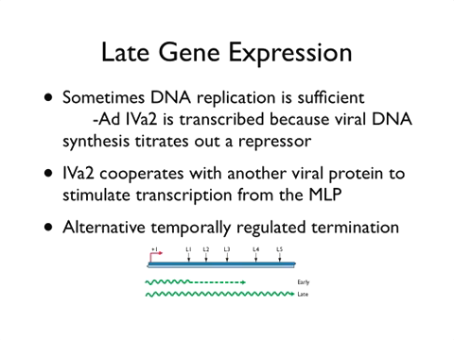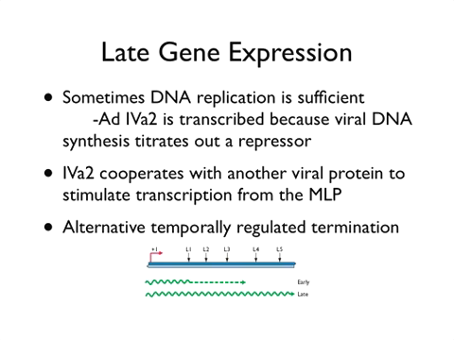All right, so let's finish with something a little bit more simple, and that's the adenovirus late gene expression. And sometimes it's true that DNA replication is sufficient to generate late gene products. And that's probably a lie, okay? But that's a simple statement, and what it means is that we don't really understand for many viruses how late gene expression is controlled.